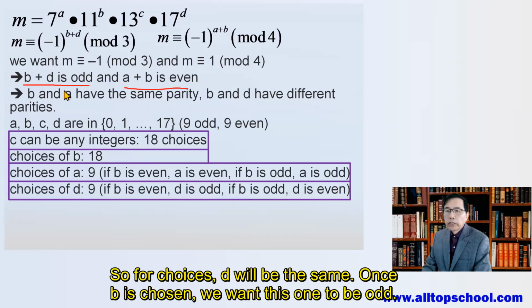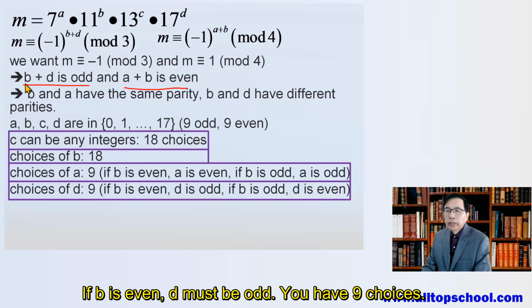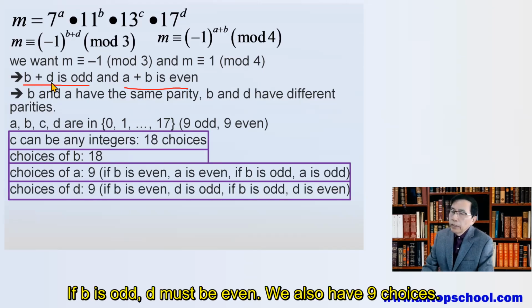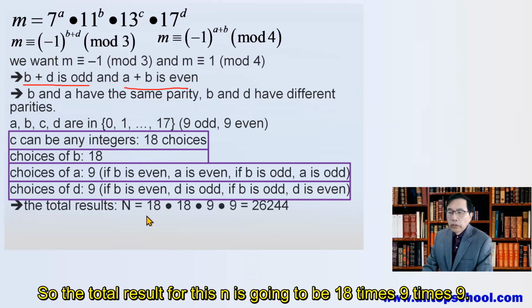The choices for D will be the same. Once B is chosen, we want b plus d to be odd. If B is even, D must be odd, so you have 9 choices. If B is odd, D must be even, and we also have 9 choices. So the total result for n is going to be 18 times 18 times 9 times 9.